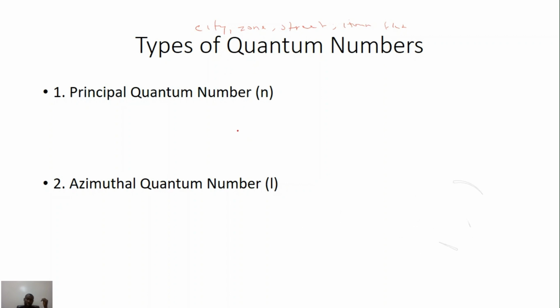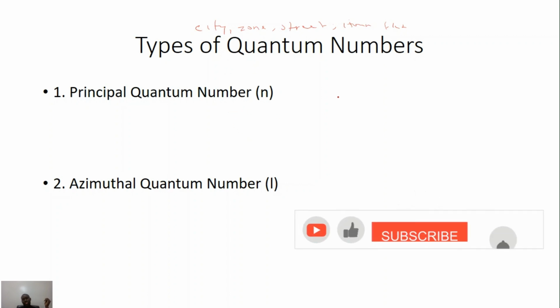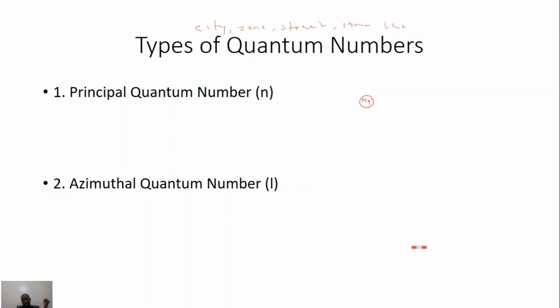The first of them is the principal quantum number. The principal quantum number represents, remember the Niels Bohr model of the atom, the different principal energy levels. This is n equals 1, energy level 1.